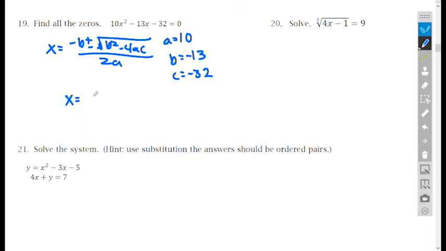So I got x is equal to 13, because negative 13 is just 13, plus or minus the square root of b squared, so that's negative 13 squared, which is 169, minus 4 times a times c, so that would be minus 4 times 10 times negative 32.